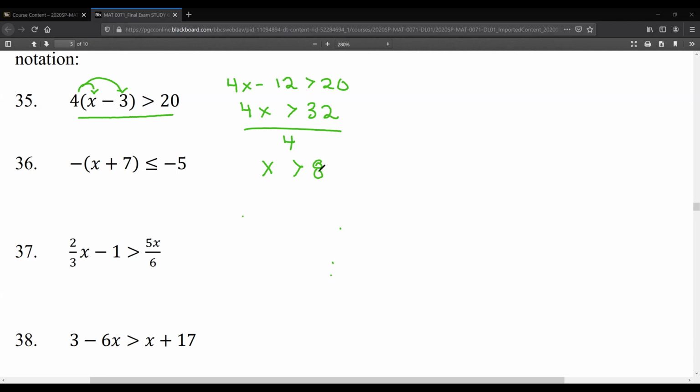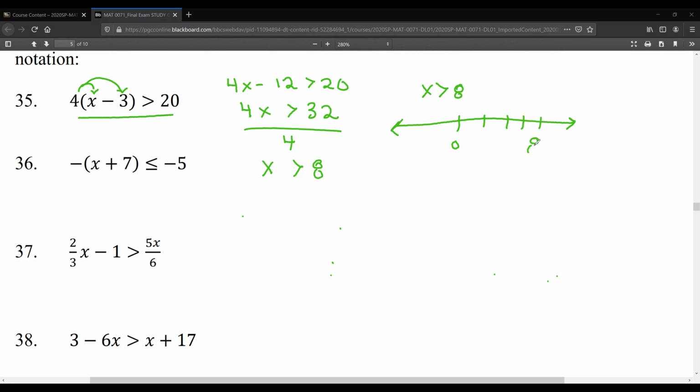You have to figure out technologically how you graph it. So when you graph this, we have x is greater than 8. One thing you want to point out is the endpoint here. We'll say this is 0, this is 2, 4, 6, 8.